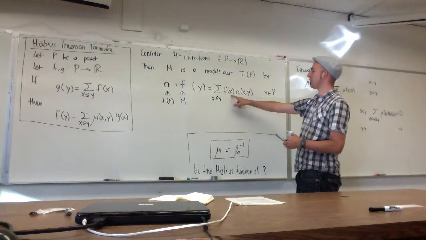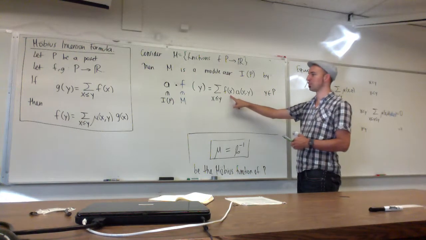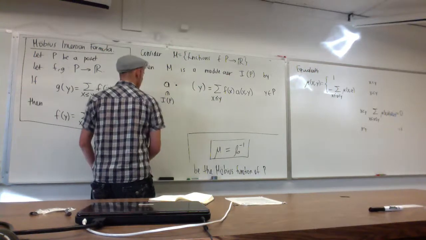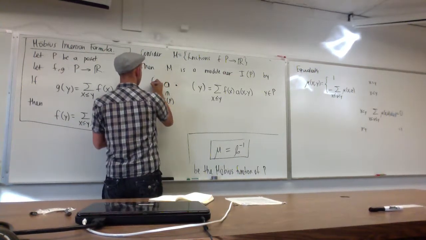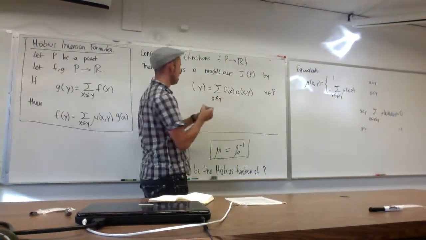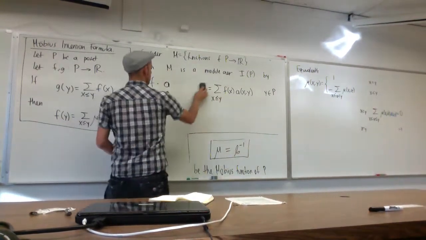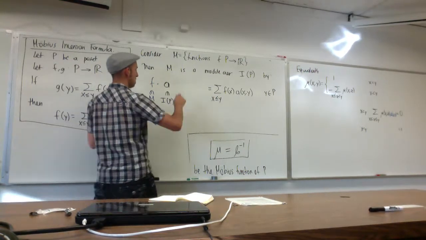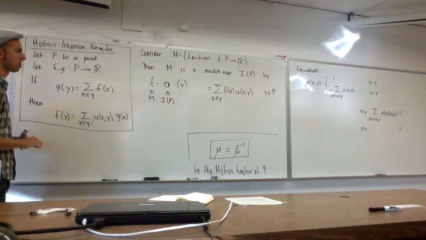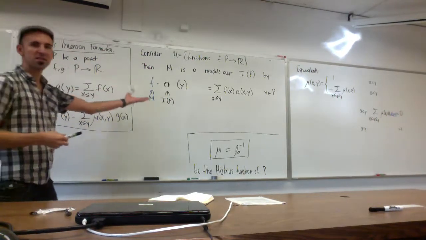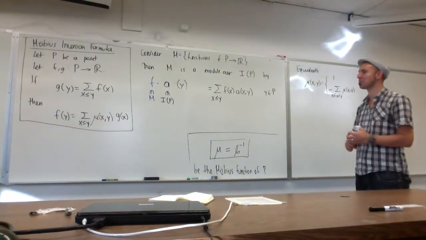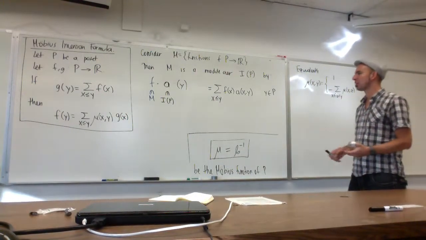And so I guess actually I want to say that this is a left module. It's a left module. So okay. I claim that this is a module over the ring, and again, you kind of have to sit down and check the axioms, make sure that this works out. It does work out.